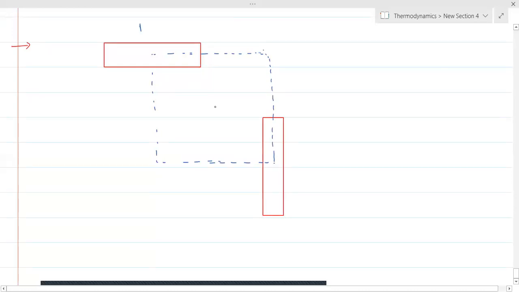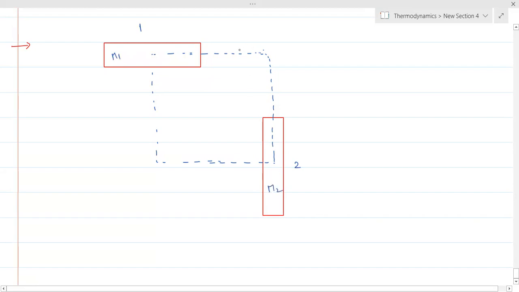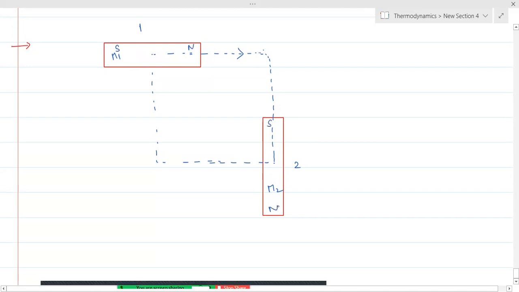So this is the first one and this is the second one. It has magnetic moment M1 and it has magnetic moment M2. For this one, this is the axial line. Suppose this is south and this is north. From S to N, this is M1, this is the axial line.